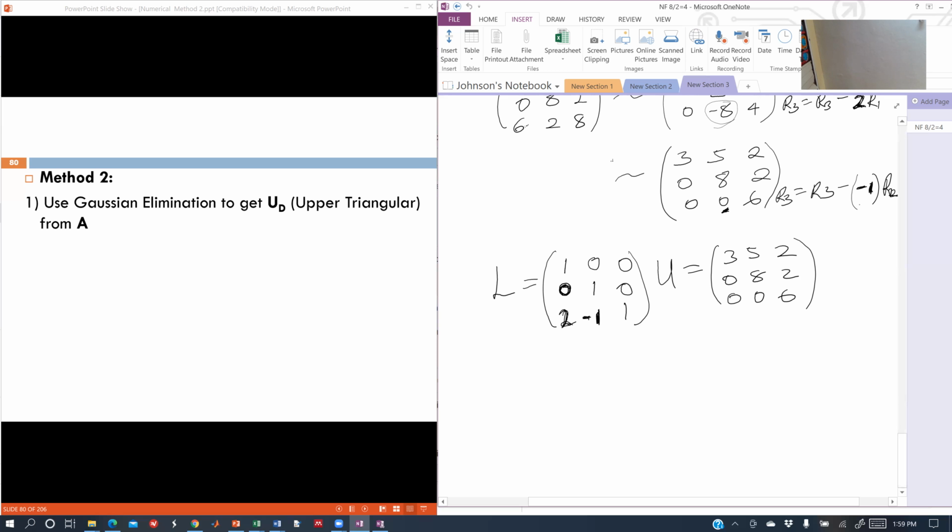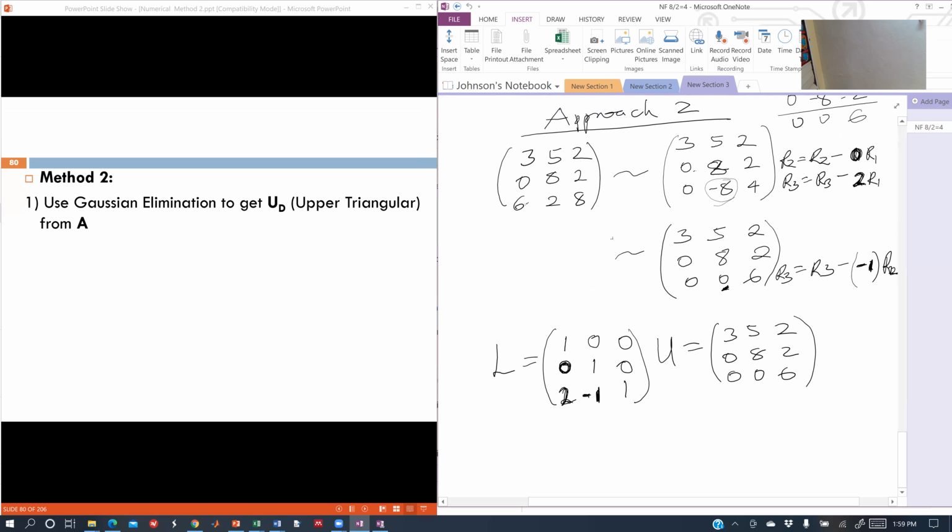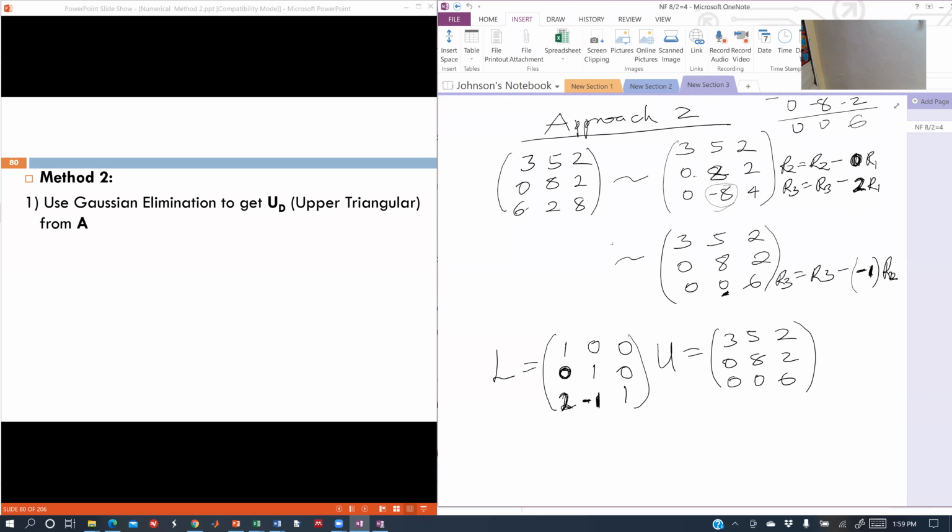And one of such methods is this. If we want to go by the second approach, where you use Gaussian elimination to get your upper triangular as well as the lower triangular, then you need the Gaussian factors to be able to find this lower triangular.